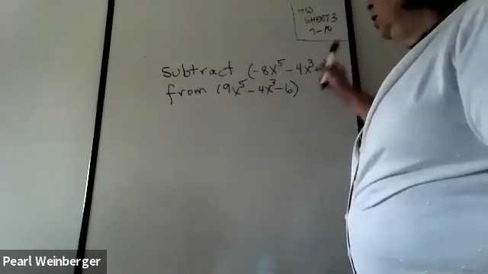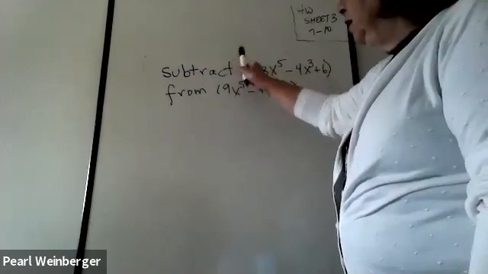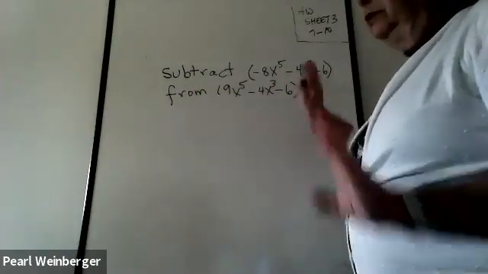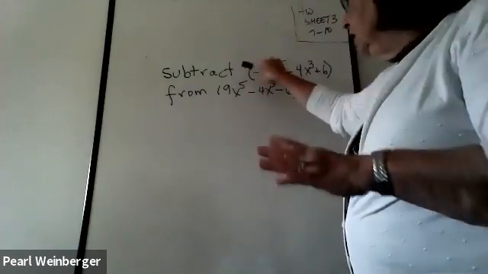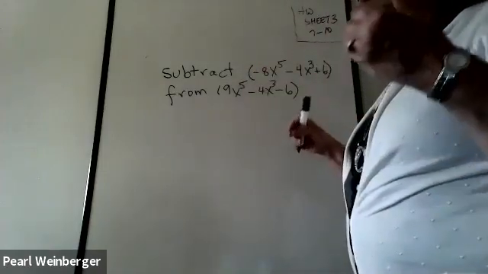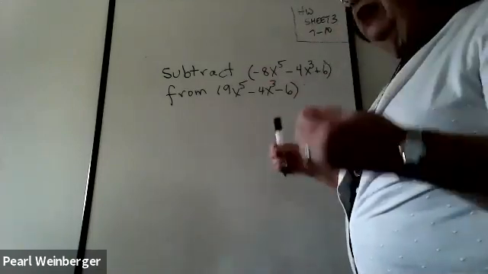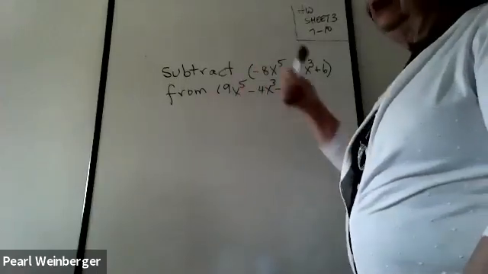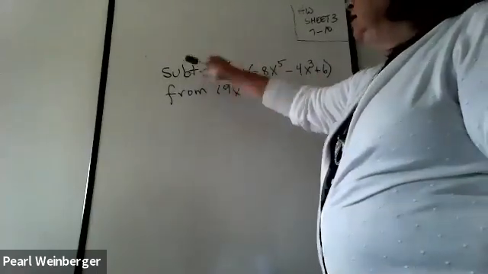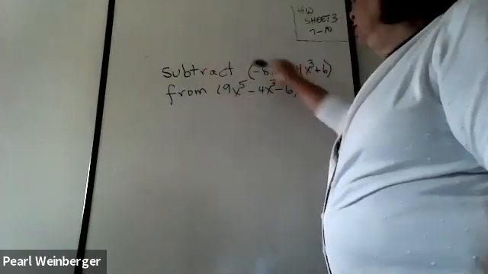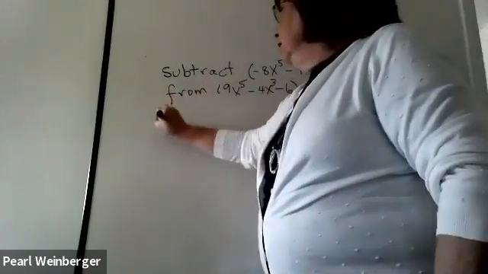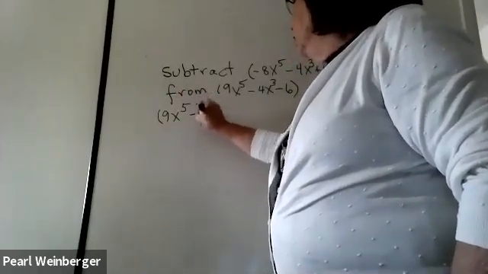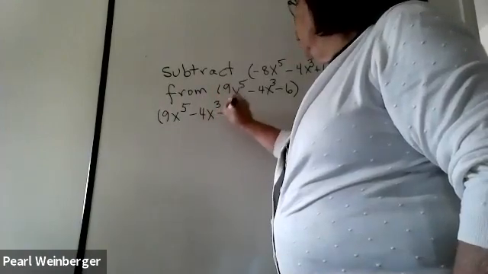So I have two polynomials, and I want to subtract one polynomial from the other. Now, first of all, when it says subtract this from this, think about it. If I subtract 5 from 10, you don't do 5 minus 10, you do 10 minus 5. When it says subtract from, what you put first is the 9x to the 5th minus 4x cubed minus 6.